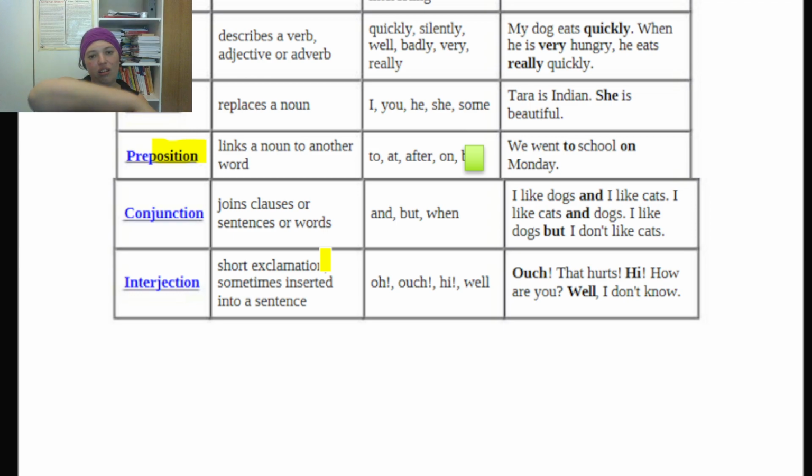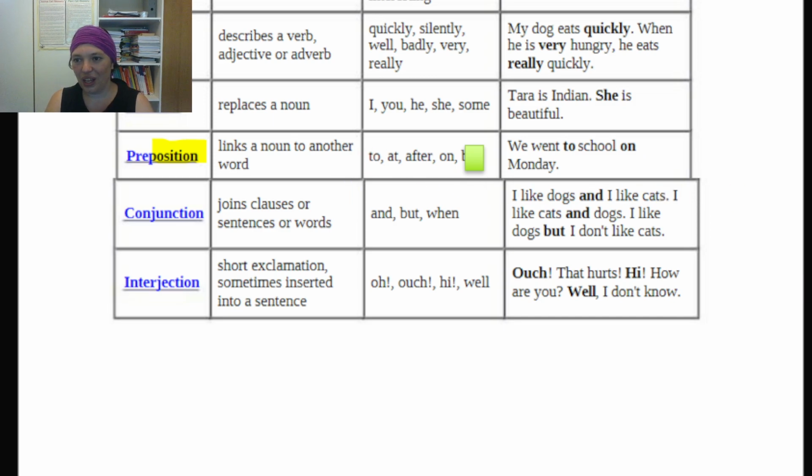In the box, on the box, next to the box. Those are all positions. So prepositions can give position, like at or on, but there's some other words as well. So all of the other little words like with, after, at, to, those are all prepositions.